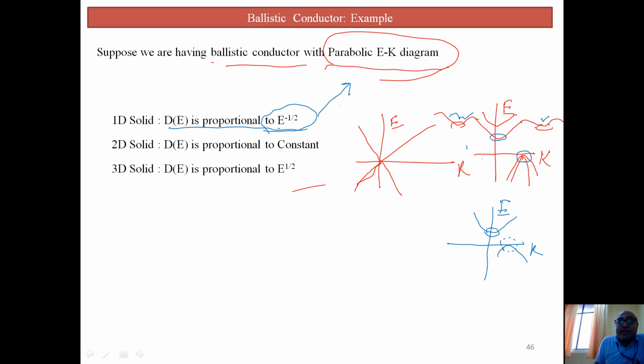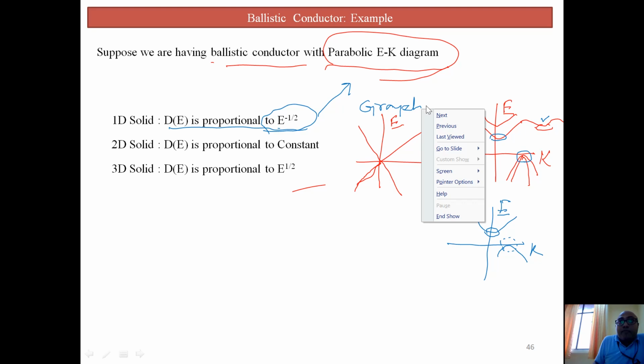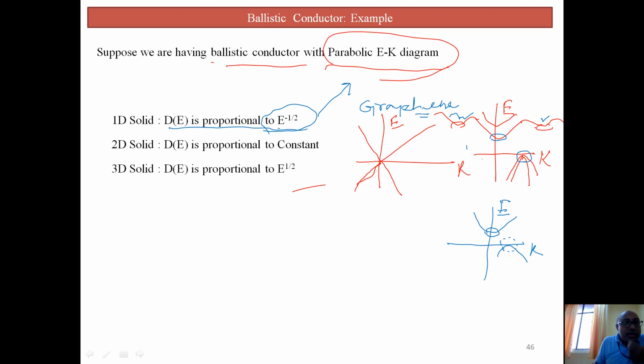If it is linear, like graphene, or other cases, the density of states may not be proportional to E to the power minus half.